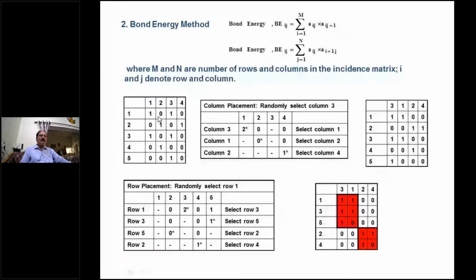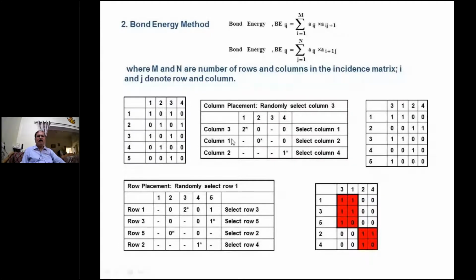The bond energy is nothing but the dot product of two columns. So if you multiply column 1 and column 3, the dot product is 1 multiplied by 1 plus 0 multiplied by 0 plus 1 multiplied by 1 plus 0 multiplied by 0 plus 0 multiplied by 1. So it gives 2. 2 is written here.